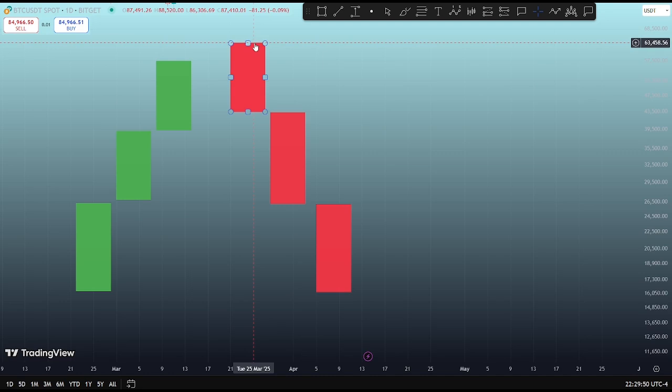Same here, this is a strong bearish momentum, showing no hesitation, breakdown momentum from the very first opening and closing, and shows strong bearish momentum continuation.